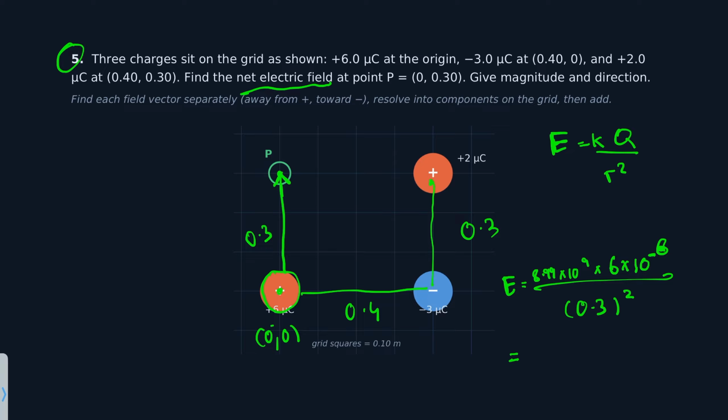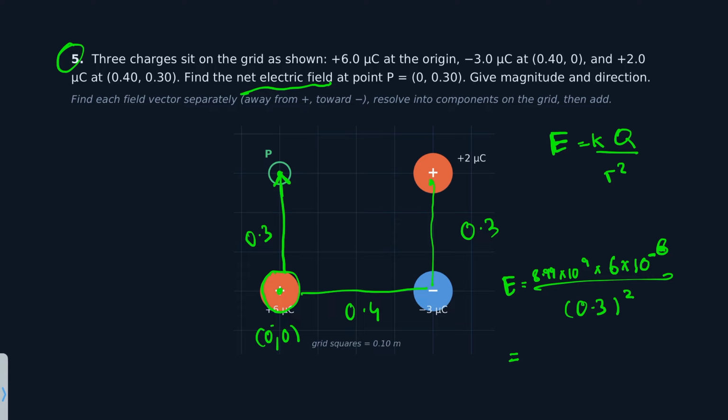And this should give you about, so let's see, 8.99 times 10 to the 9 times 6 times 10 to the negative 6, and then divide that by 0.3, and divide that by 0.3, okay?